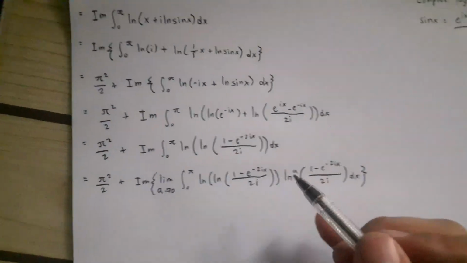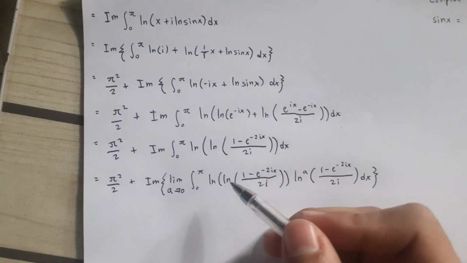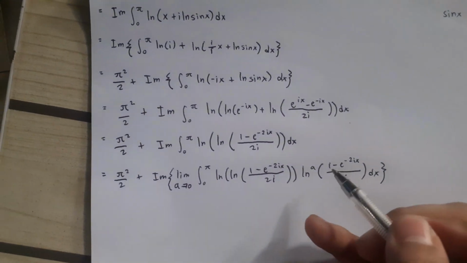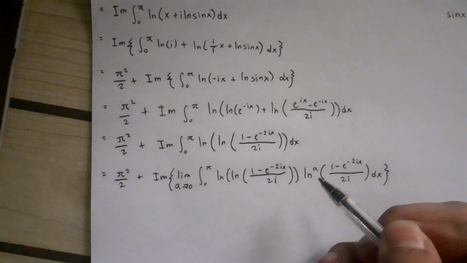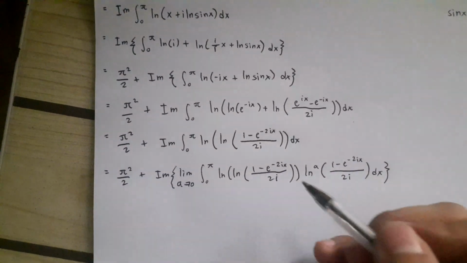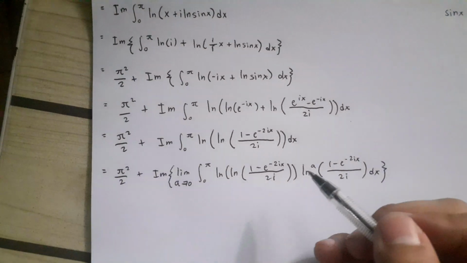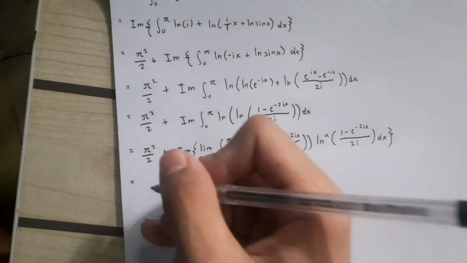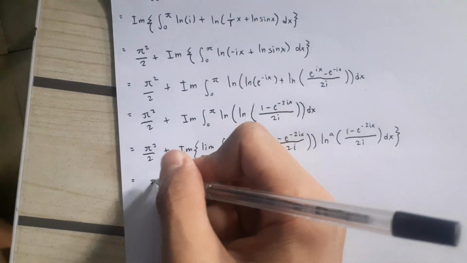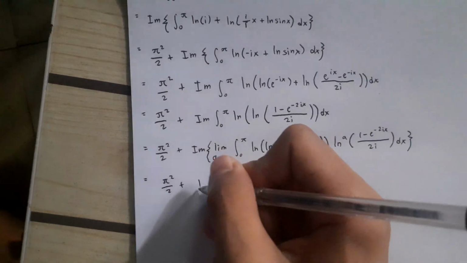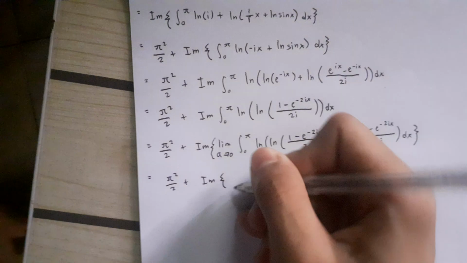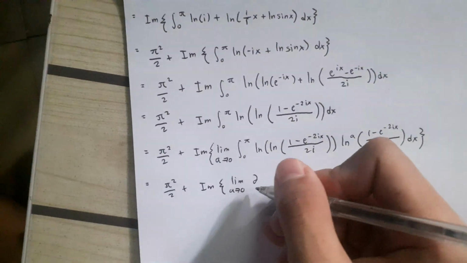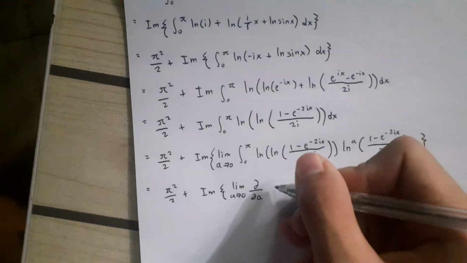Notice also that this expression is just the derivative of ln of 1 minus e raised to negative 2ix over 2i, raised to a, so this is the derivative with respect to a. Using that fact, we have pi squared over 2 plus the imaginary part of the limit as a approaches 0 of the partial derivative with respect to a.